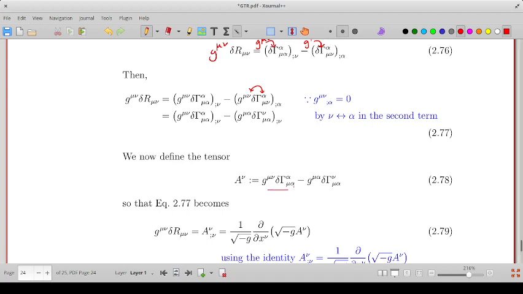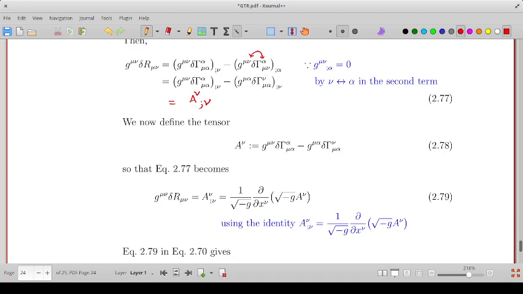So this is a tensor and this is a tensor, so their difference is also a tensor. There is only one free index, so this is a tensor of contravariant rank 1, and I write it as A nu. So looking at this, we can see that this is equal to A nu semicolon nu.